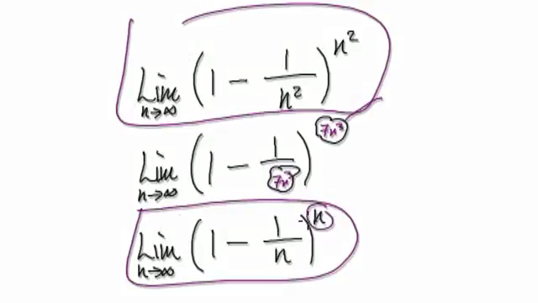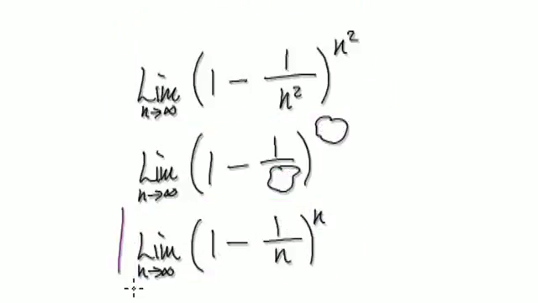As n heads towards infinity, this thing is definitely heading towards infinity. It's getting bigger and bigger. This thing here is also getting bigger and bigger, but these two are heading towards infinity at the same rate.